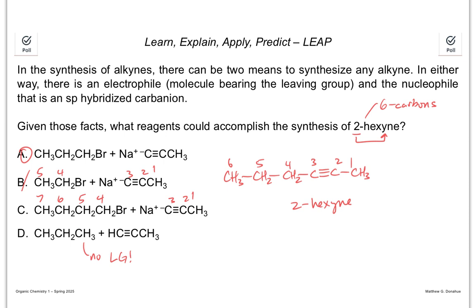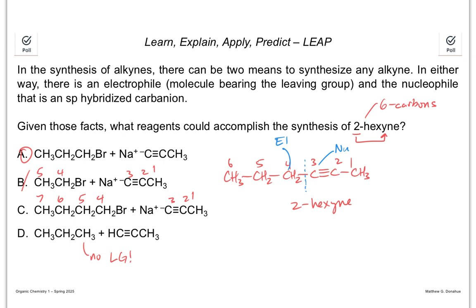And choice A is one way of making it. So really what we're thinking about, we want to make 2-hexyne, so we're breaking that bond. Then we make this side the nucleophile and that side the electrophile.